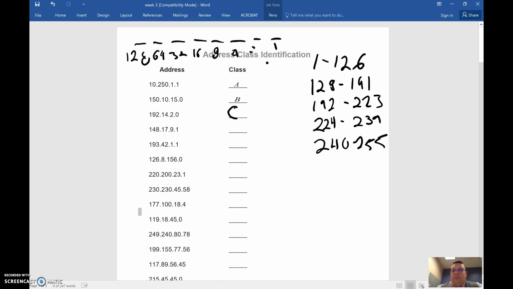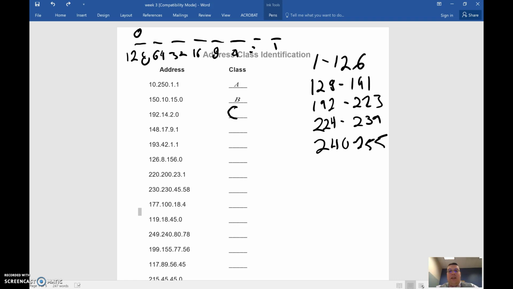Having those correlates directly to the numbers you see on the right-hand side of my sheet. That goes back to the slide saying that the left-hand most binary bits for class A have to be 0. The highest we can ever go would be, well, we could reach 127, but the highest we'd want to go is just 126.